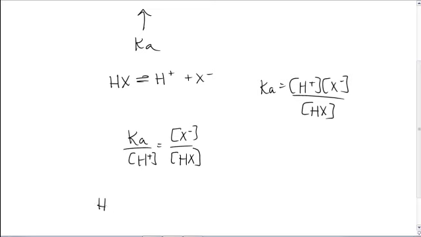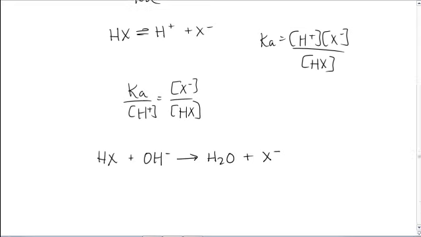Now, you're going to be reacting this unknown acid with the sodium hydroxide you standardized. I'll just do OH-. So the neutralization reaction is going to be this. Well, if we look at the point when these two are equal, it should look familiar, then what will also be equal?